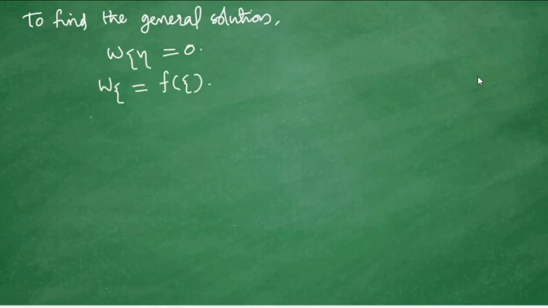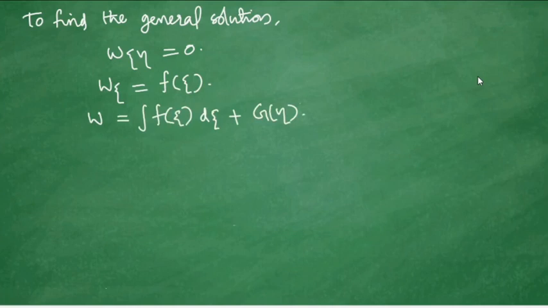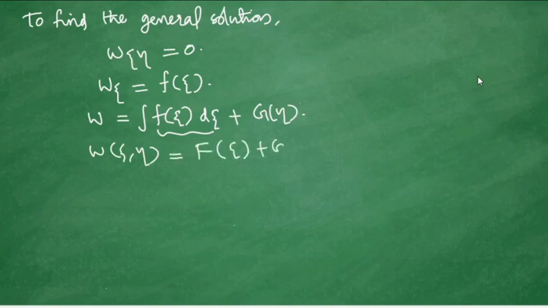Now again integrating with respect to theta, we get the integral of f of theta d theta plus some function of eta. Let this integral be capital F of theta. So w of theta eta is equal to capital F of theta plus G of eta. Now converting this into the xt plane, the solution is given by u of xt.